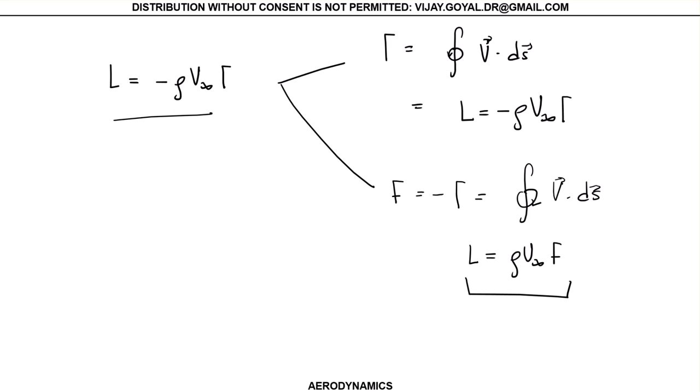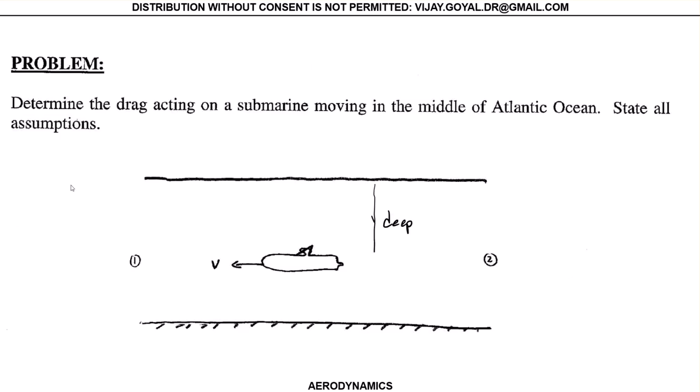So now we want to move to one simple example to understand how some of these concepts work. Let's consider the case of a submarine that's completely immersed. So this is deep enough from here to here, and we want to determine the drag acting on the submarine moving in the Atlantic Ocean.